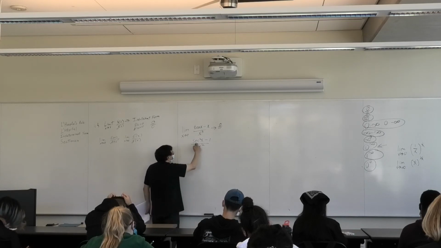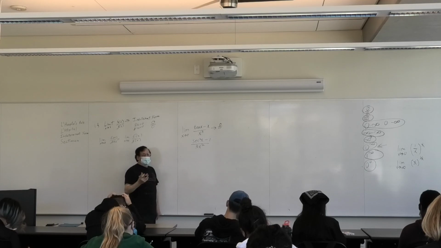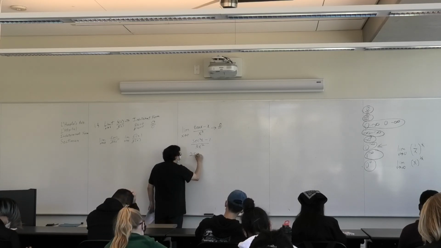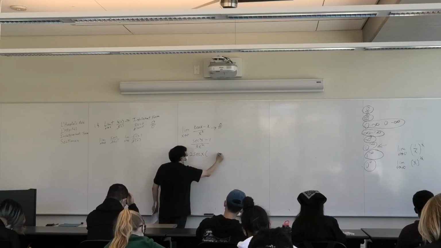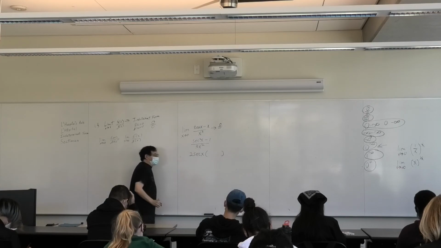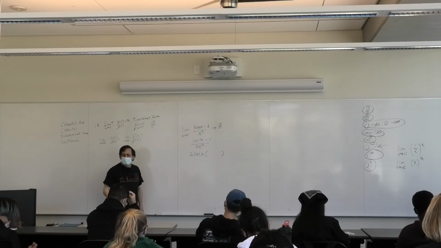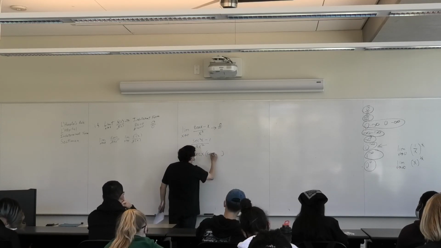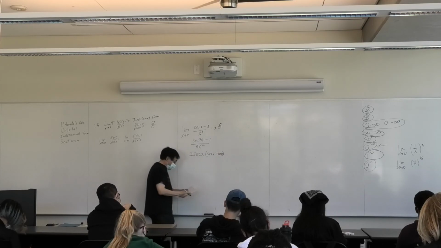Okay, derivative of the secant squared. Well, now we have to use the chain rule. 2 secant of x times the derivative of the secant of x. Again, cheat sheet material, right? Secant x tangent of x. Look at my cheat sheet.